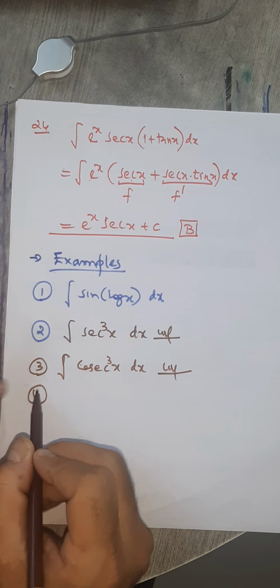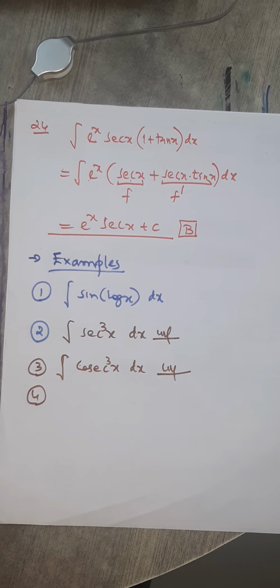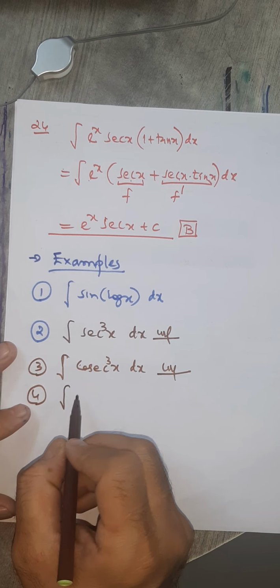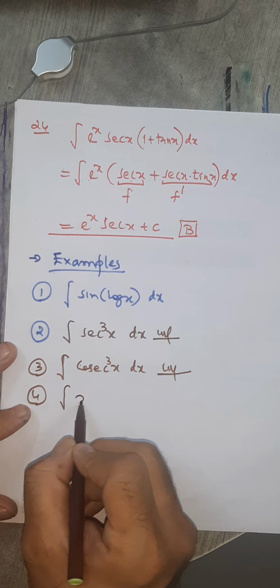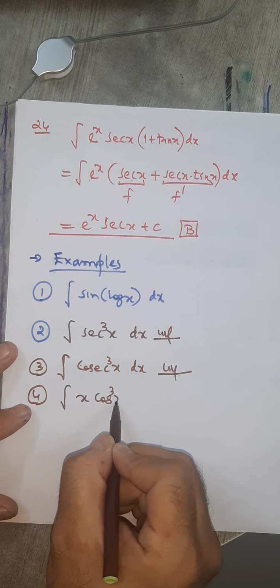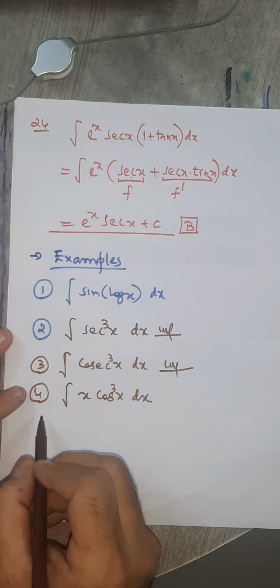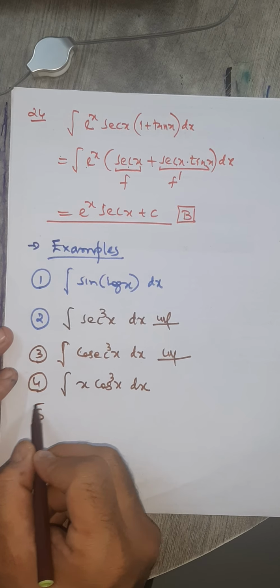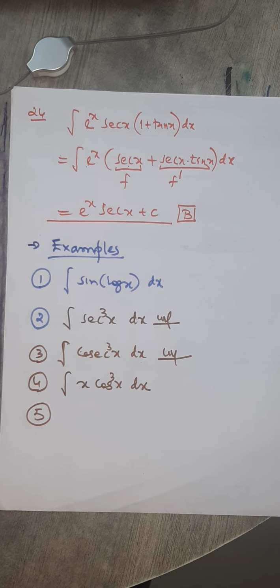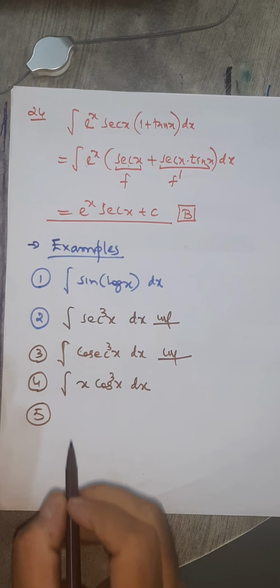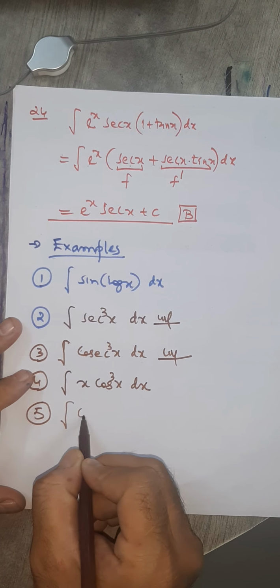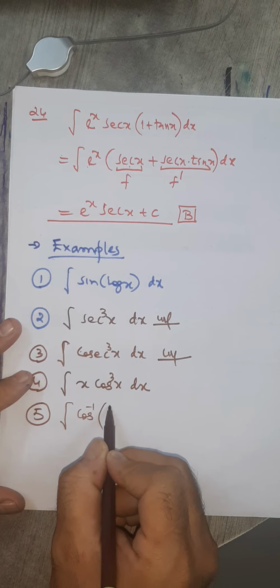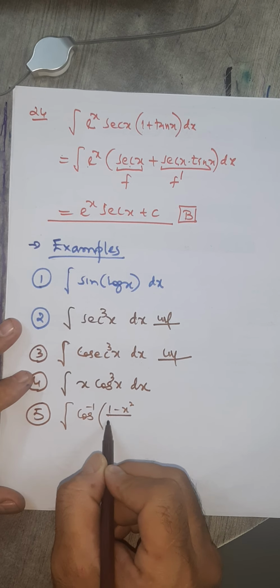Fourth, let's write integral of x into cos cube x dx. Fifth one, let's see one more here. cos inverse of 1 minus x square upon 1 plus x square.